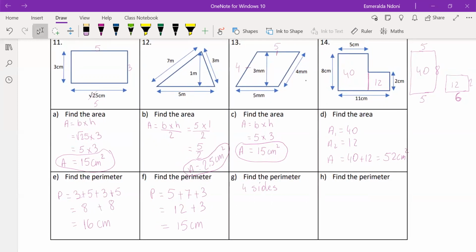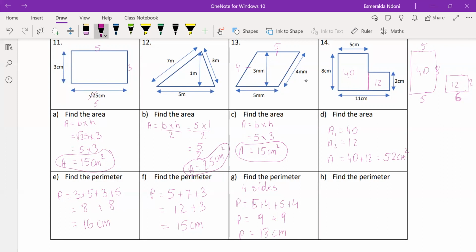I don't need the 3 when I'm doing perimeter, because I'm just going to go around. So the perimeter is 5 plus 4 plus 5 plus 4. This gives me a 9 plus another 9, and the perimeter is 18 centimeters.